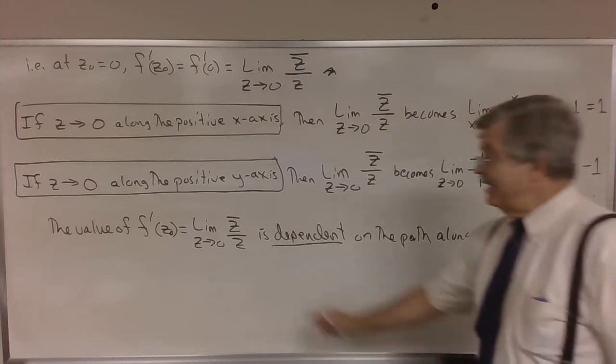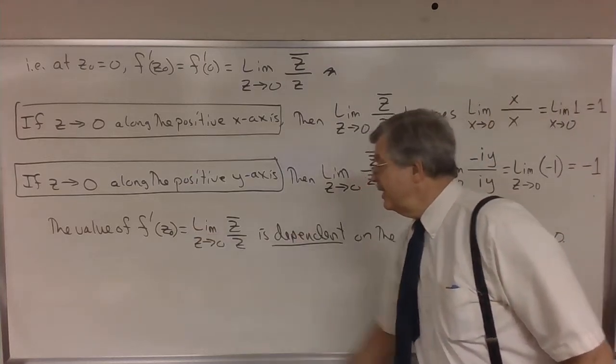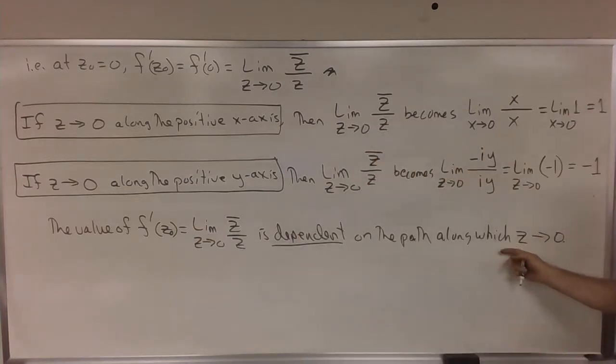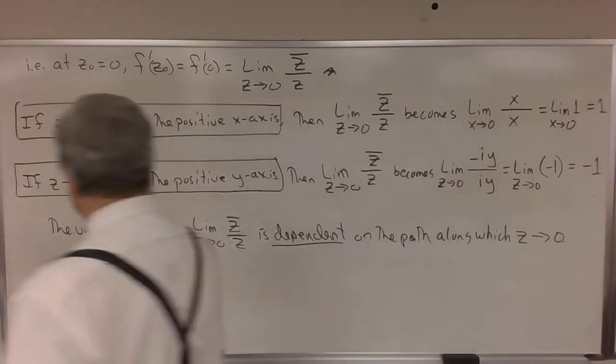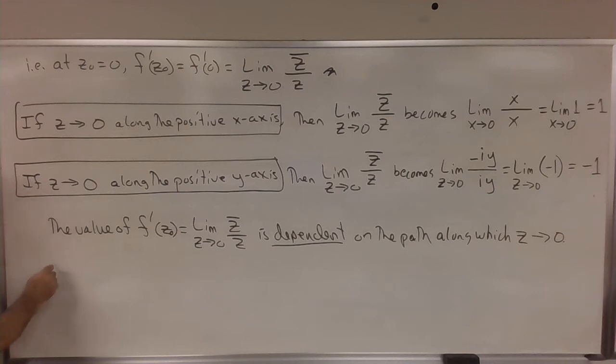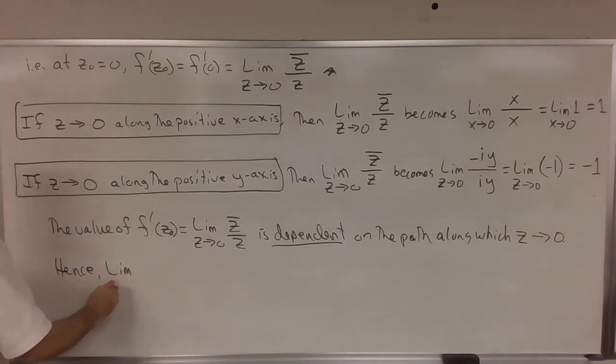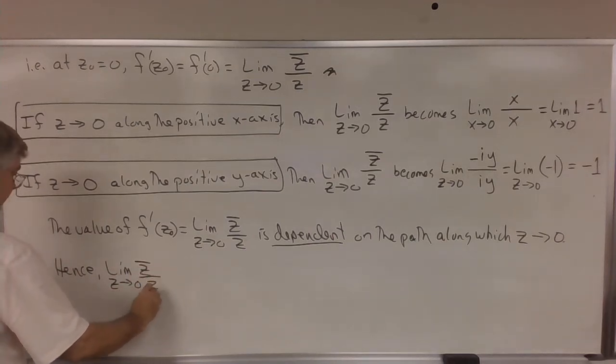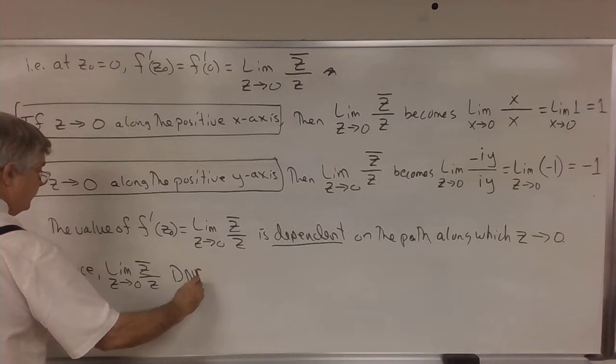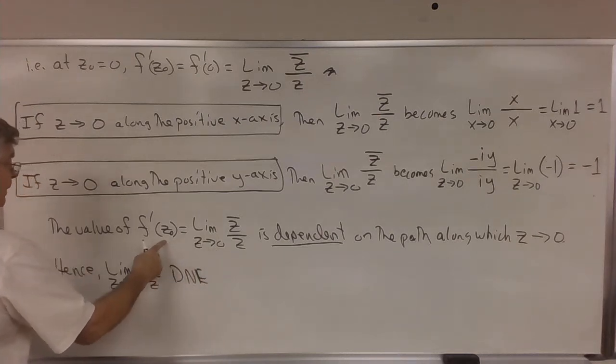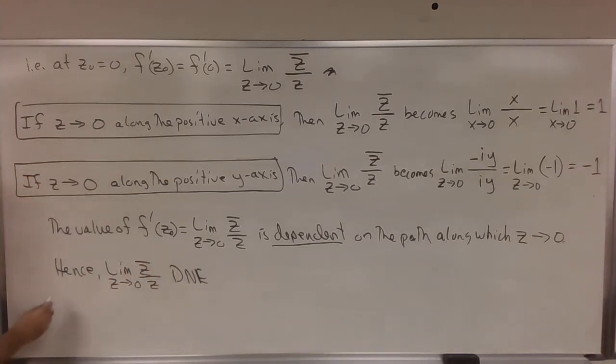Yeah, the value of this expression is dependent on the path along which z approaches 0. Hence, this limit doesn't exist, but this limit is supposed to be the derivative of f evaluated at z0.